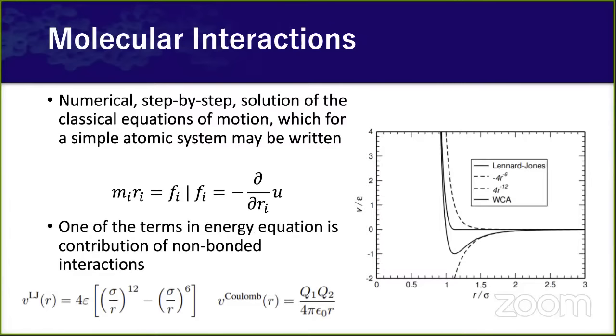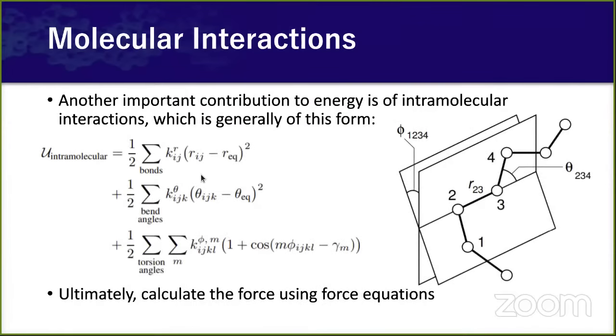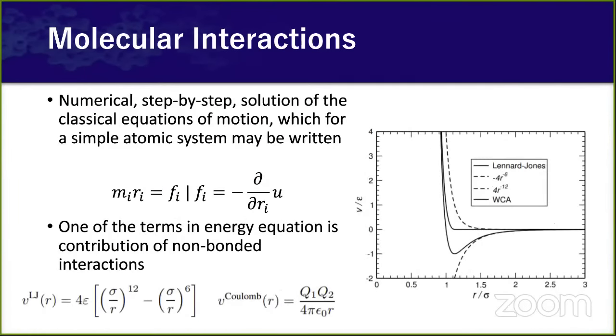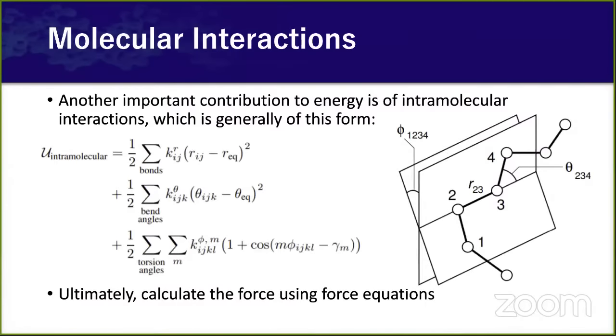Apart from this, the energy contribution is also coming from the different intramolecular interactions, especially the bonded interactions. These are non-bonded interactions and these are the bonded interactions, in which the terms which are used in the force field involve things like bond stretching and energy contribution. Because of that, the angle bending, the torsional rotations. So all of these together will be used in order to calculate the final force by using the force equations given in a force field.